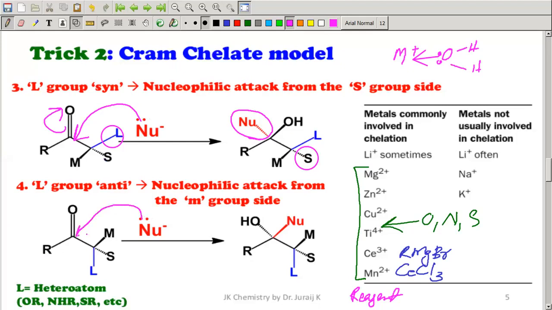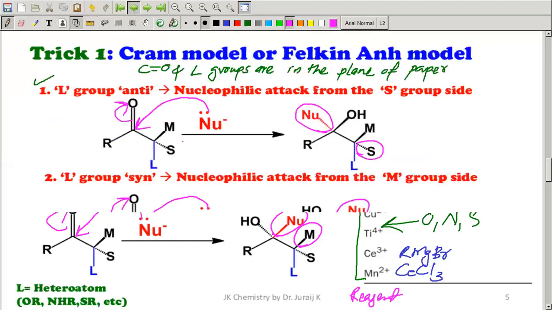Nucleophilic attack, where does it take place? In this scenario, attack takes place from the side of the medium group. If your medium group is in wedge, then your nucleophile will be in wedge. So you can easily see that these two are just opposite to the previous case. So you have to learn one situation, as mentioned earlier, then you can just take the opposite.